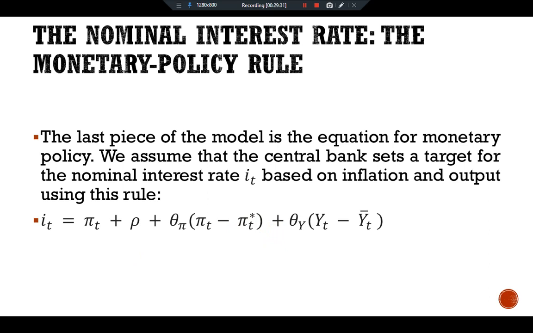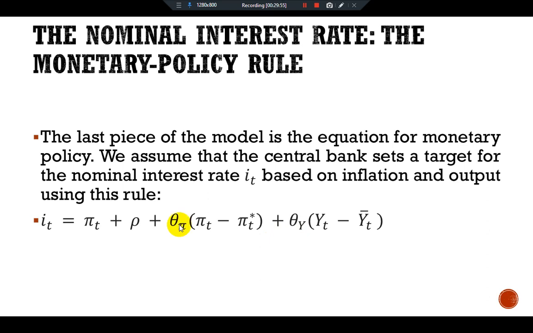Two key policy parameters are used here, theta pi and theta y, which are both assumed to be greater than 0.